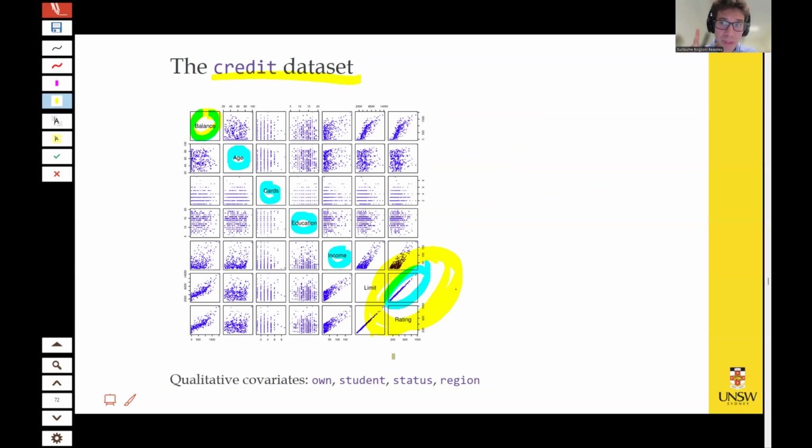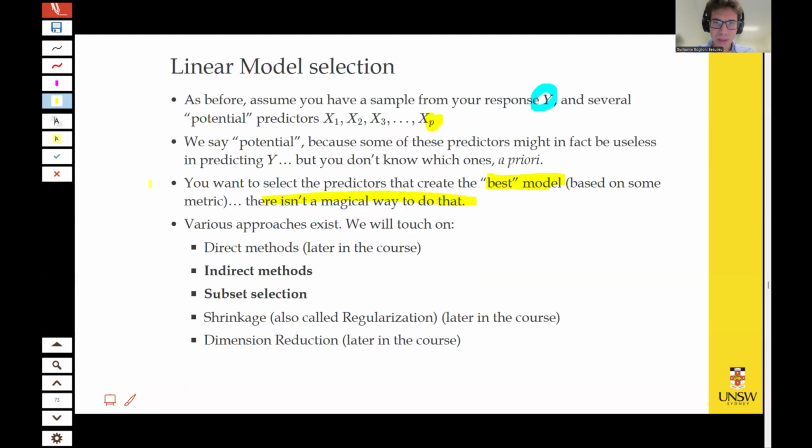So if you have only one, it might be super significant to explain, for example, the balance here. But if you put two of them in your model, each of them will kind of explain the same thing, and then individually their significance might decrease. So be mindful of that. It is really the case that how significant a predictor is does depend on the other predictors in your model.